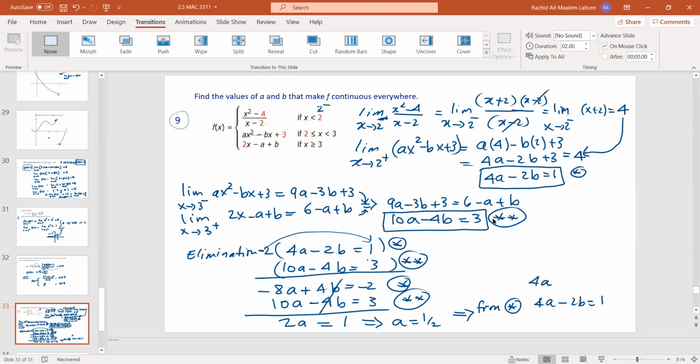So 4a minus 1 equals 2b, and you divide by 2 on both sides to get b by itself. All right, so A is 1/2. 1/2 times 4 is 2. 2 minus 1 is 1, so b is 1/2.